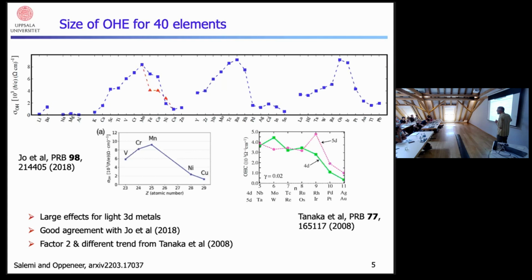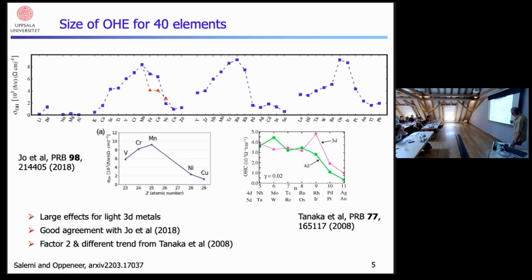We don't find that. Now it is large, but it does not have this shape that was predicted by Tanaka et al., and actually it is also different for the 5D series. So there are still details of the calculation that can be important. There's also a factor of 2 because they have a value 4, so we have 8.